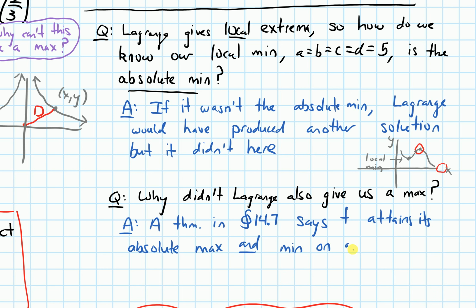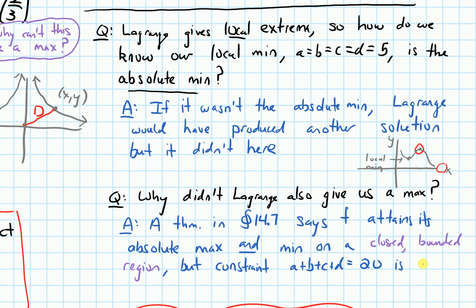on a closed bounded region. On a closed bounded region. But our constraint, which is a plus b plus c plus d equals 20, is unbounded.